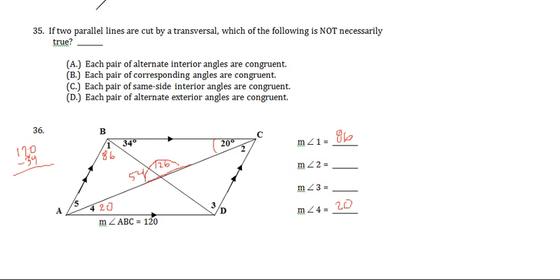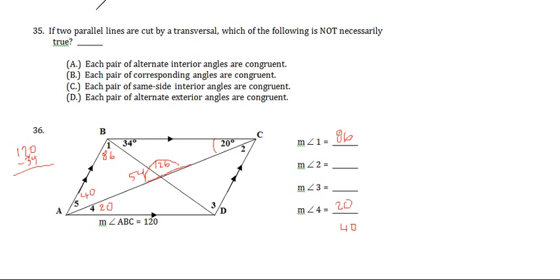Alright, why did I just find that? Because here's a triangle as well, and a triangle has to add up to 180 degrees. So 86 plus 54 is 140, and they have to add up to 180 degrees, which means that this one has to be 40 degrees. Angle 5, 40 degrees.